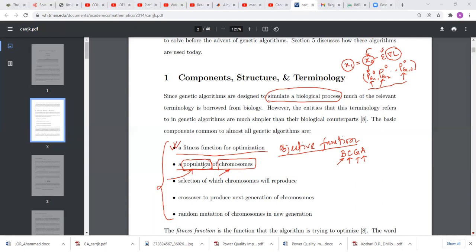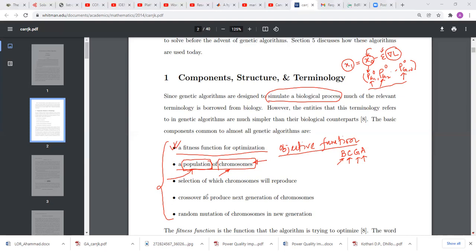Very good. And each solution is termed as the chromosome. So a collection of chromosomes is basically the population in genetic algorithm. Probably when I take an example it will be more clear.